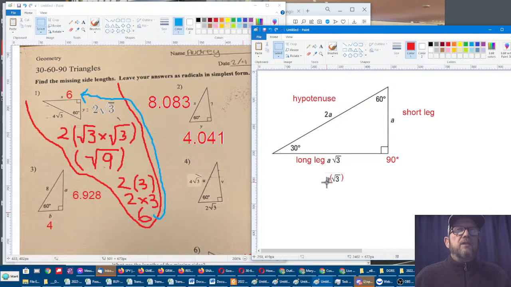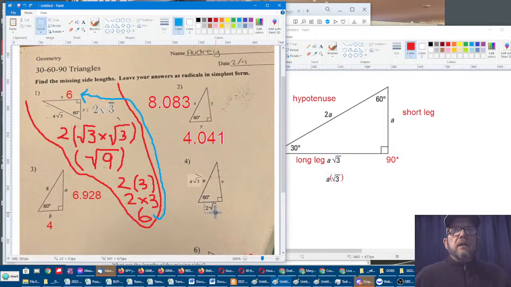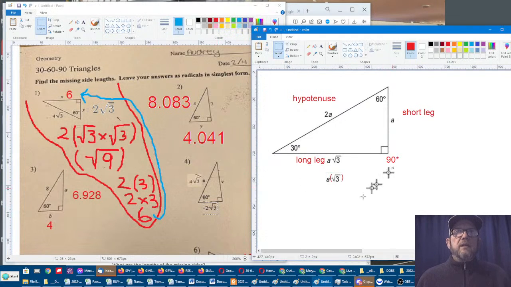So let's plug it into A. To make it easier, I'm copying this part, putting it here, and plugging it in.